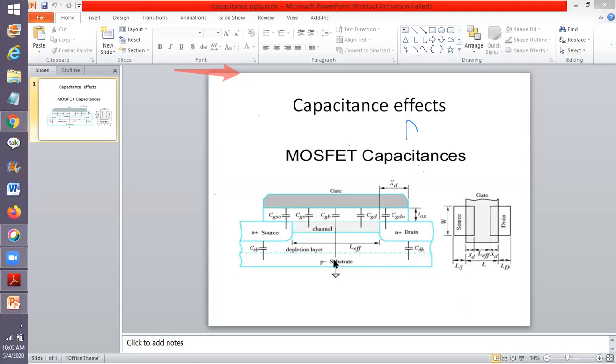Body means the substrate. So when drain and substrate are reverse biased, there exists some capacitance. So that is CDB and CSB.